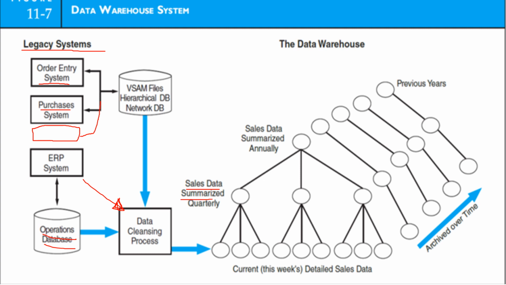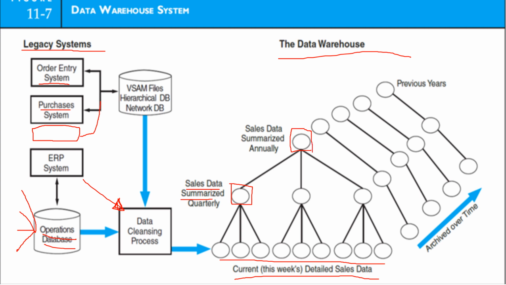Remember, when we talk about operational data, it is based on transactions, but the data warehouse is not based on transactions, it's based on reporting. So you see here current details of sales data. This is a monthly record, this is a quarterly record, and this is an annual record.